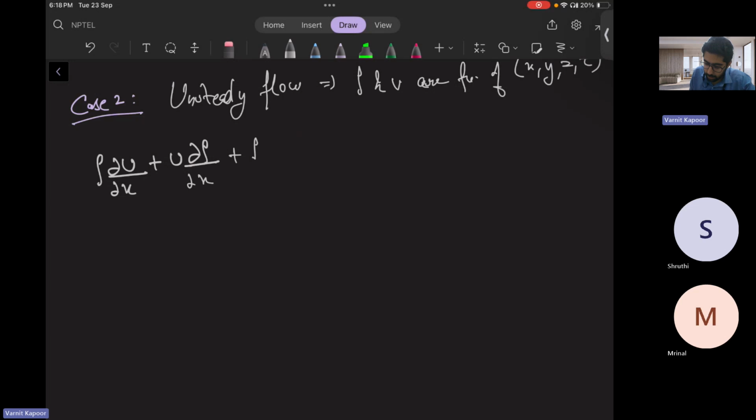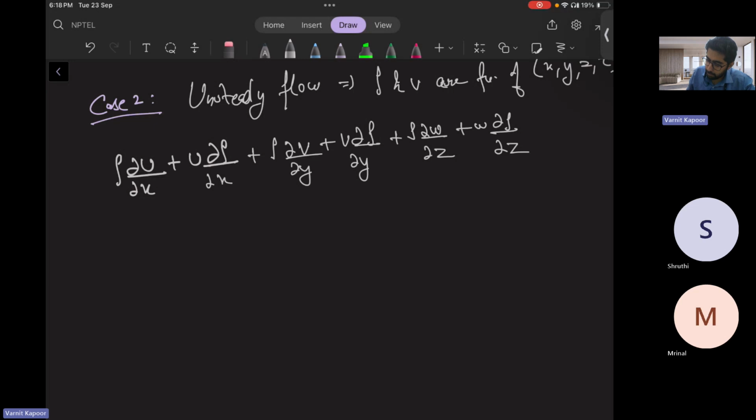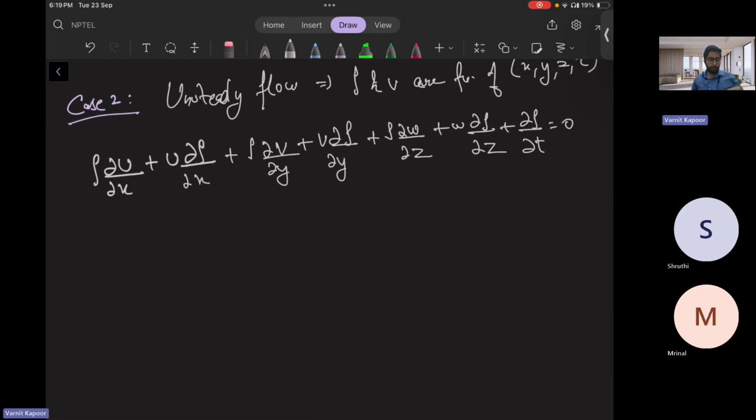Similarly for the y direction, rho ∂v/∂y plus v ∂rho/∂y, plus rho ∂w/∂z plus w ∂rho/∂z, plus ∂rho/∂t. So this is your form. Take out the common element rho from these terms.